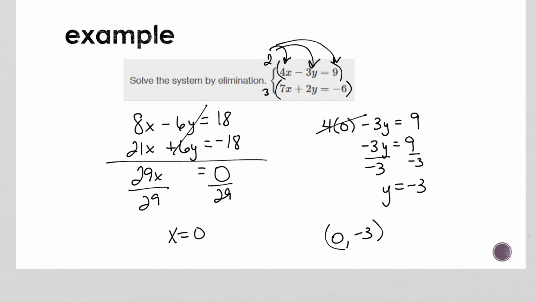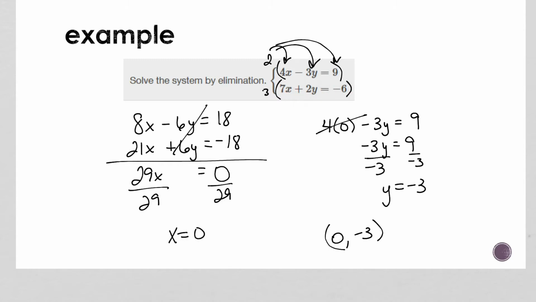And again, grab your calculator, type this in. 4 times 0 minus 3 times negative 3 is positive 9. That's good. 7 times 0. And why am I typing in the 0 and stuff like that? I always go back to the original problem and I type in the whole thing.